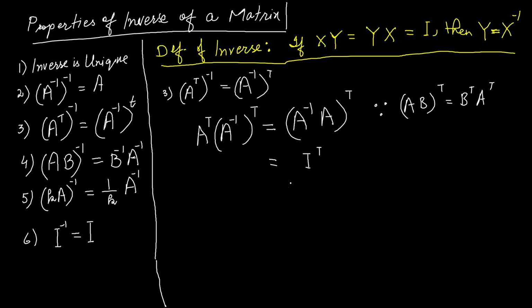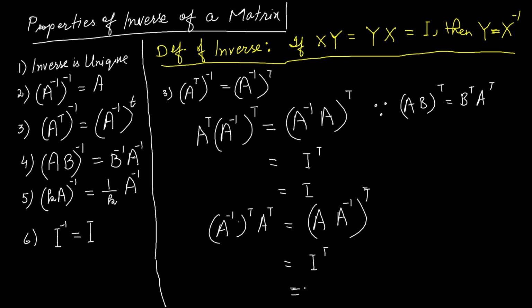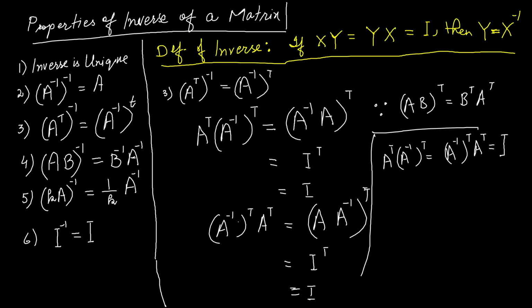So we have identity matrix. Likewise, we can verify that transpose of A inverse into A transpose is equal to the identity matrix. From these two equations, we have the desired result that inverse of A transpose is equal to transpose of A inverse.